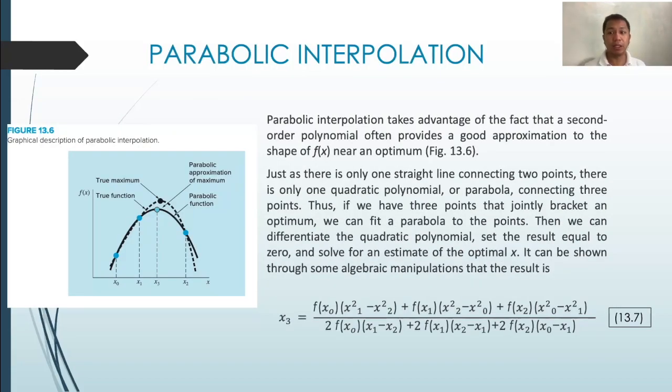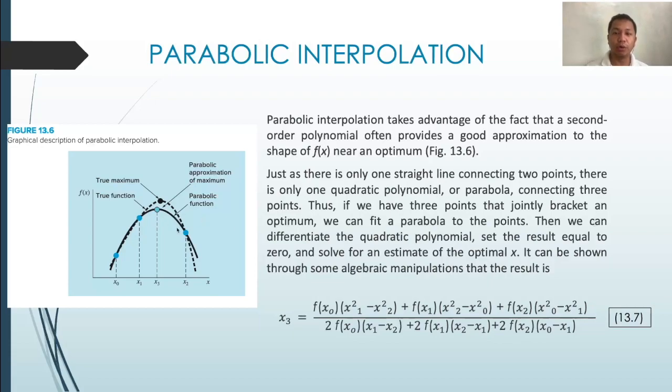Next is the parabolic interpolation. Parabolic interpolation takes advantage of the fact that a second-order polynomial often provides a good approximation to the shape of f of x near the optimum, as can be seen in the picture.